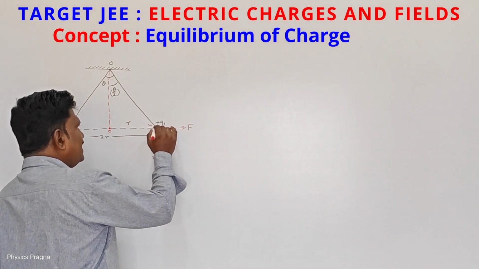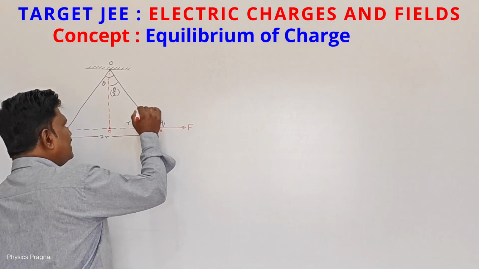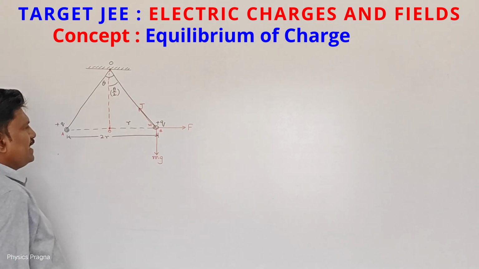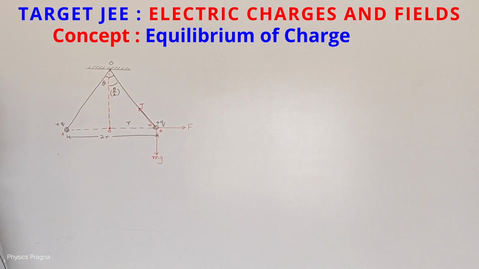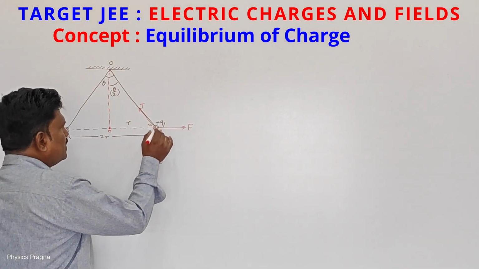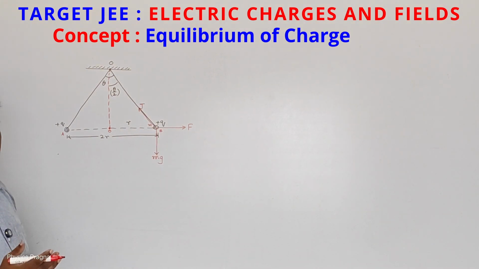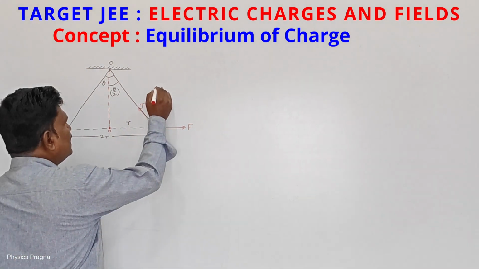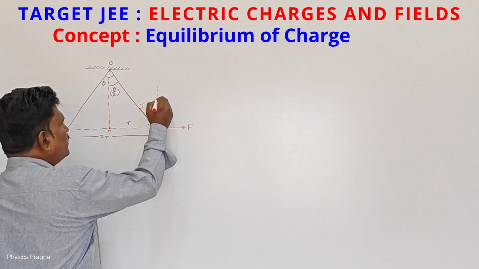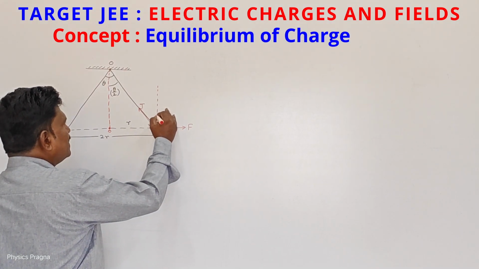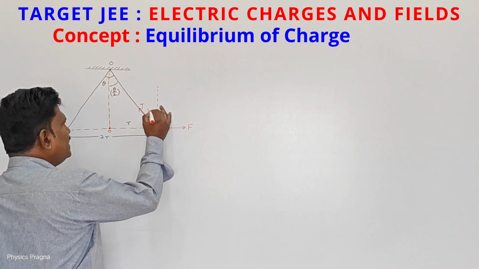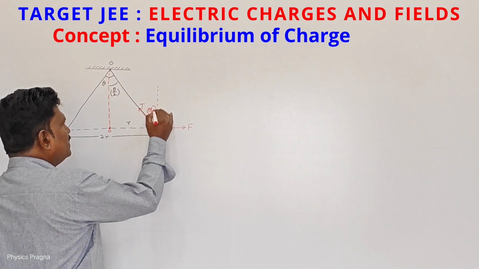Whenever the string goes like this, in the string, tension T is acting. So I can resolve this tension into its components. Then this also becomes theta by 2.